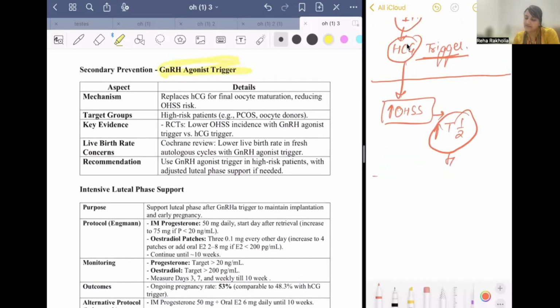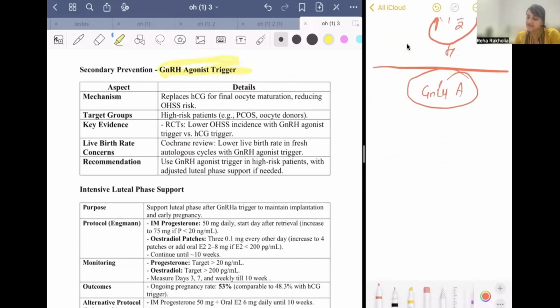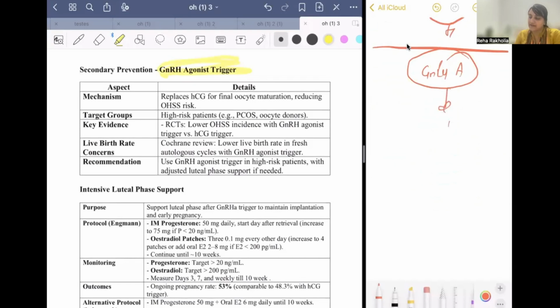So to counteract this, GnRH agonist trigger is used instead of HCG, which allows for the final maturation while reducing the risk of OHSS. So this approach is particularly useful for high risk group, including PCOS.